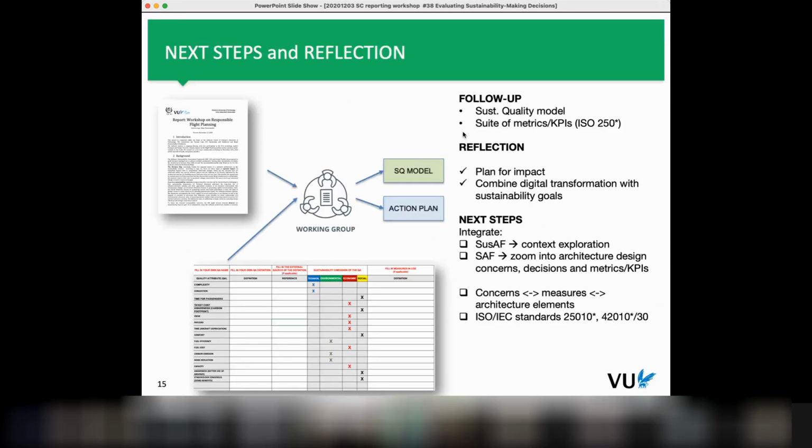So what next? From this exercise, what we, for instance, understood is the list from the decision map, the list of sustainability, quality, and design concerns relevant for the software architecture.